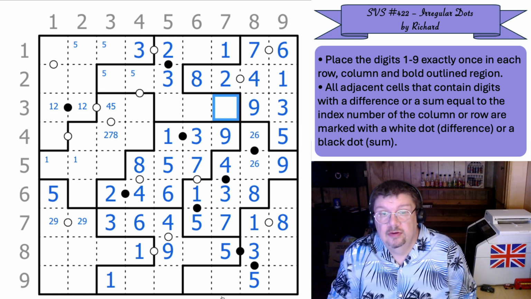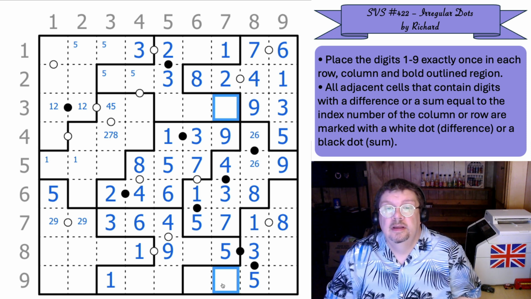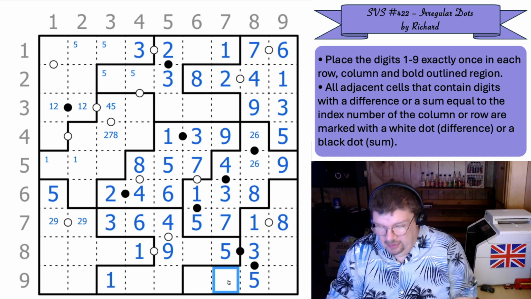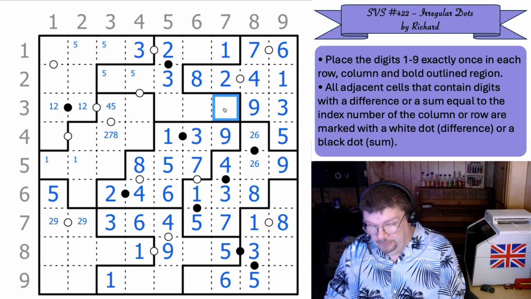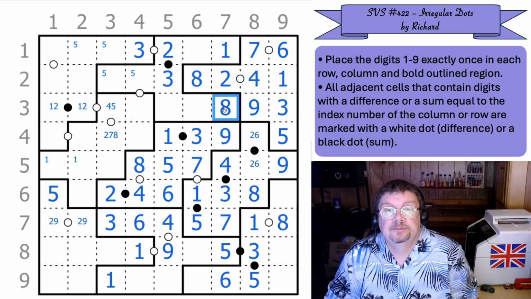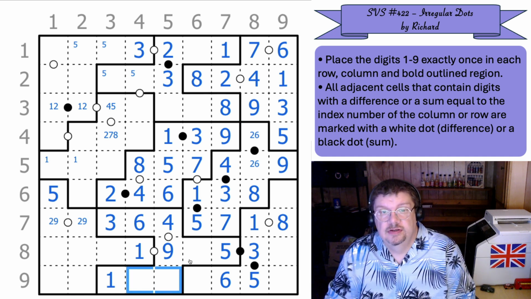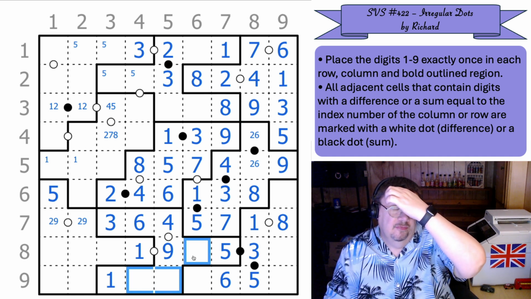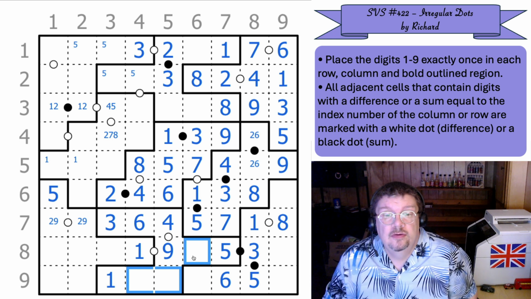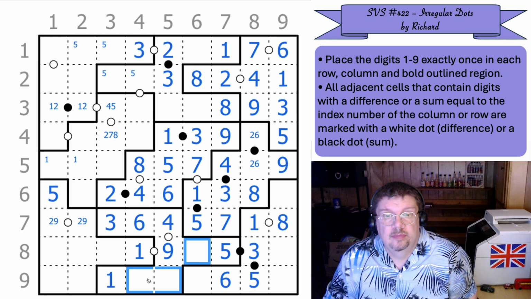Then to complete this column, I need 6 and 8. This region already has an 8, so that's a 6, and that's an 8. All right, to complete this region, I have 2, 7, and 8 to complete it.